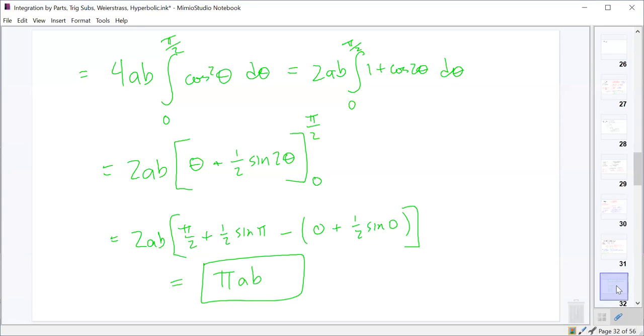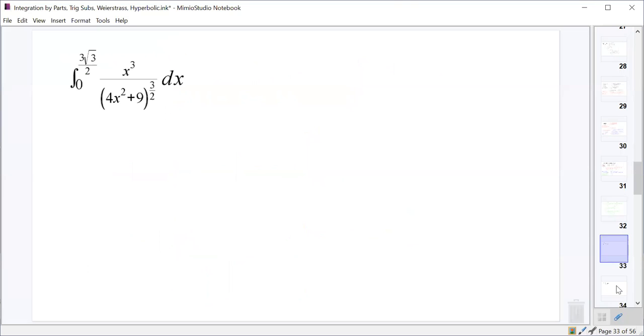Any other questions on that one before we move on to something else? I mean, not something entirely new, but just another problem. Another definite integral here.